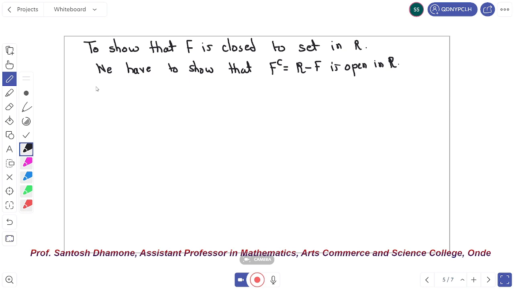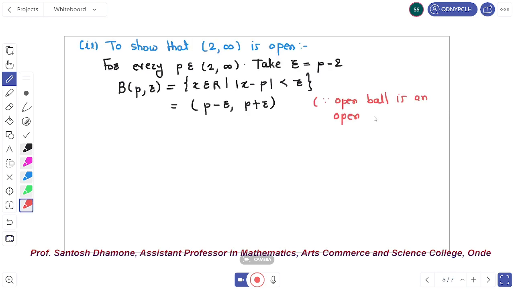Since the open ball is an open interval in R, this is equal to (p minus r, p plus r), where r is p minus 2, so (p minus (p minus 2), p plus (p minus 2)).